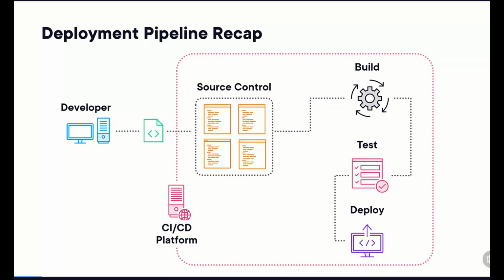Let's take a second to recap everything we've accomplished. First, we established that the Wired Brain API was going to use GitHub and GitHub Actions as its CI/CD platform. From there, we began configuring our deployment pipeline, which encapsulates the build, test, and deploy steps of the CI/CD workflow. This is all done using a single YAML configuration file within our project.